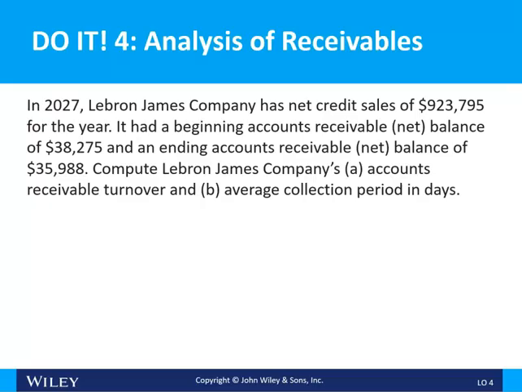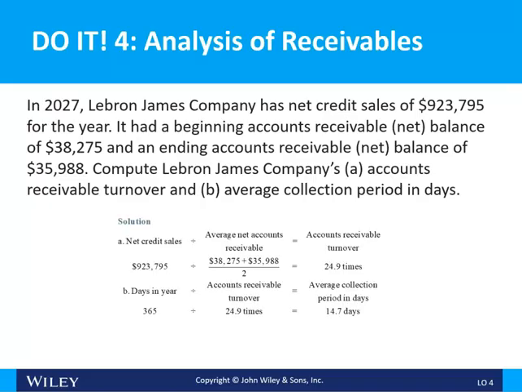So again, accounts receivable turnover is the net credit sales divided by average accounts receivable. That gives us our turnover, and then we take 365 divided by that turnover to get the collection period in days.